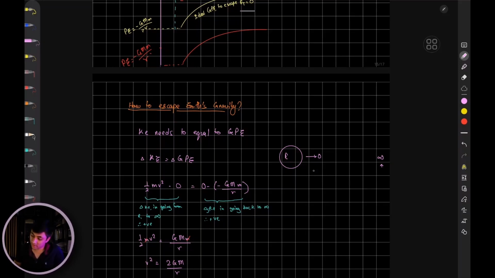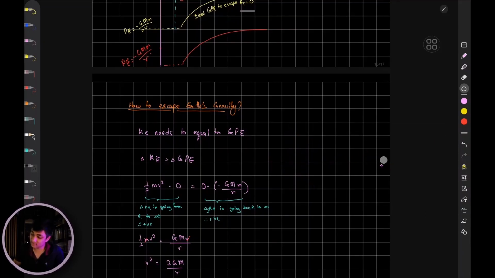Meaning, it needs to have enough kinetic energy, half mv squared, that it can work against the attractive gravitational fields. It will work against those fields, against all odds, and it will be free.